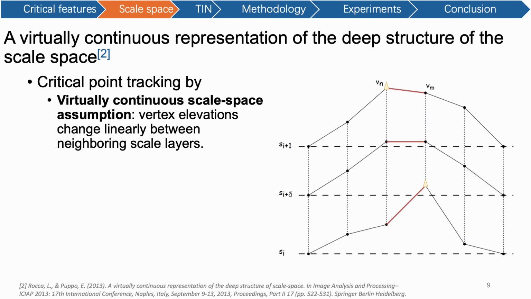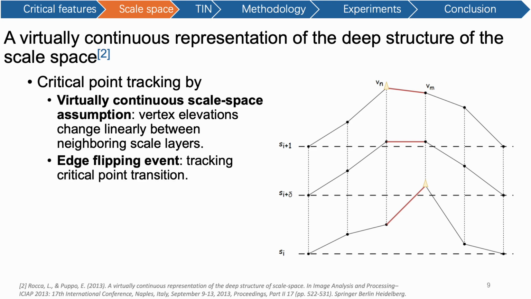To track critical points, a virtually continuous scale space assumption is made. It says that between neighboring scale layers, vertex elevation changes linearly. As you can see in this 1D toy example, as the scale changes from Si to Si plus 1, the relative elevation between Vm and Vn is swapped.